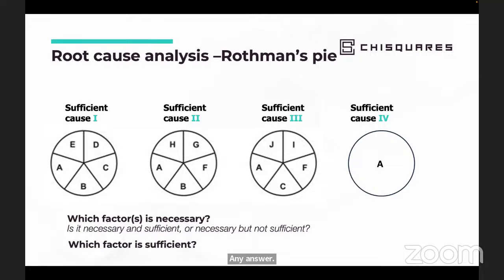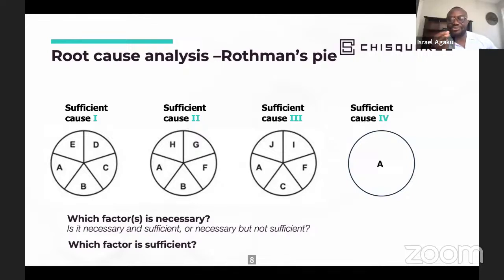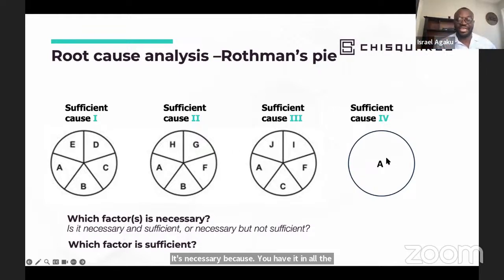A. Exactly. So it's A. So we say that in this case, A is a necessary factor. It's necessary because you have it in all the sufficient causes, right?